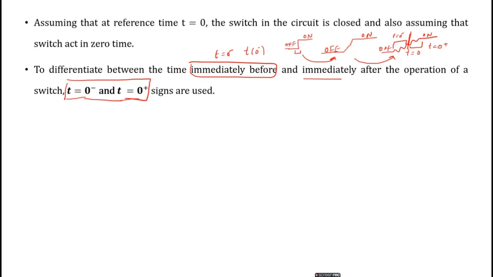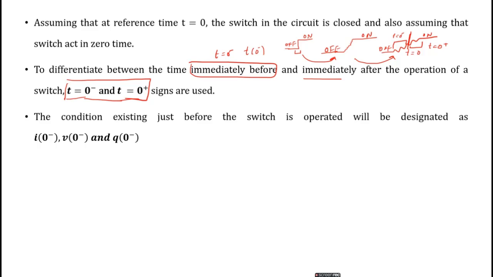We are studying these concepts in the initial and final conditions theorem. I hope you have got the idea of what t is equal to 0 minus and t is equal to 0 plus mean. T is equal to 0 minus means what happens immediately before switching. T is equal to 0 plus means what happens immediately after switching. Keep that point in your mind.